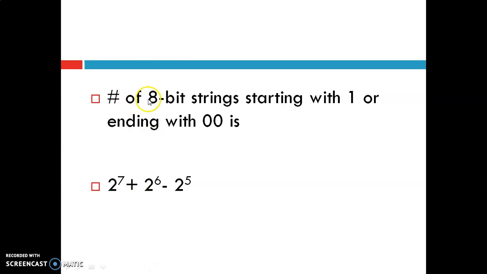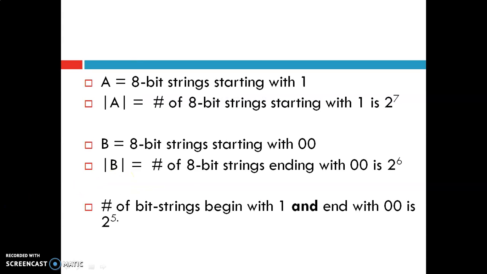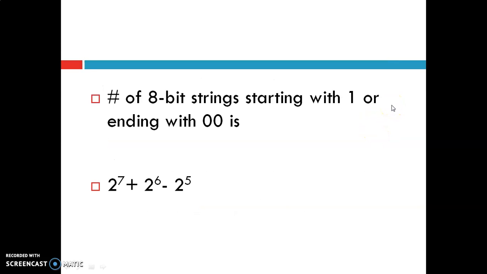So what is the total number of 8-bit strings starting with 1 or ending with 00? Above we saw that the total number of 8-bit strings starting with 1 is 2 raised to 7, plus the total number of strings ending with 00 is 2 raised to 6, minus the number of strings starting with 1 and ending with 00, which is 2 raised to 5.